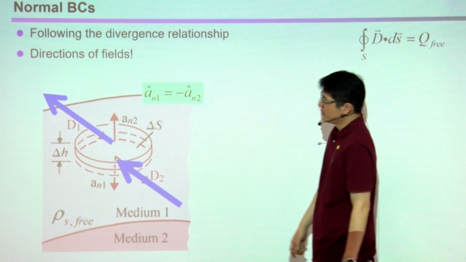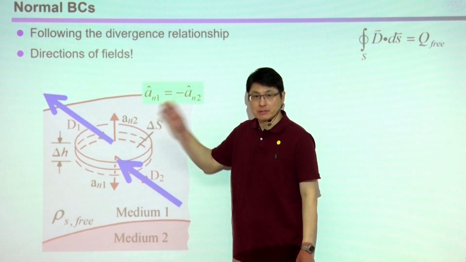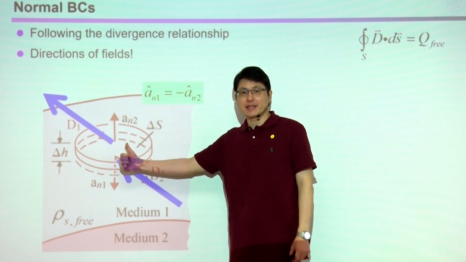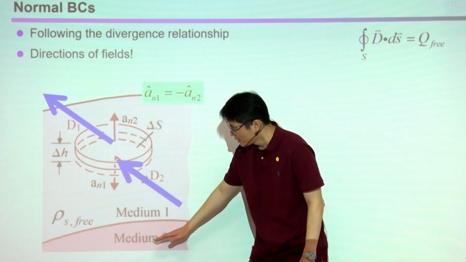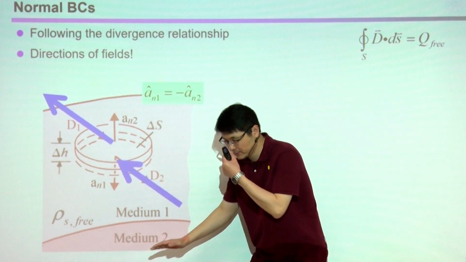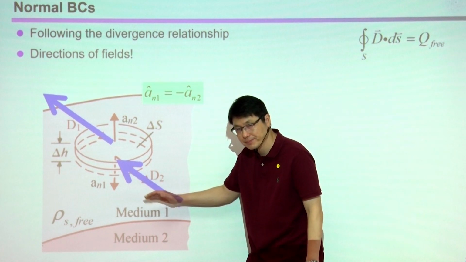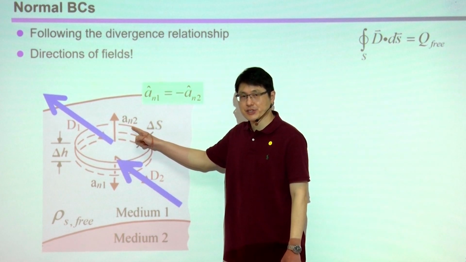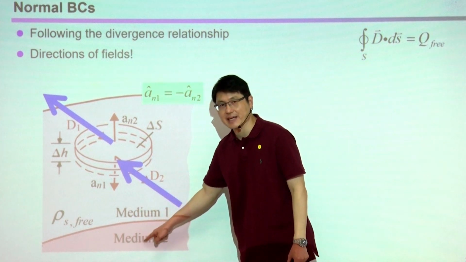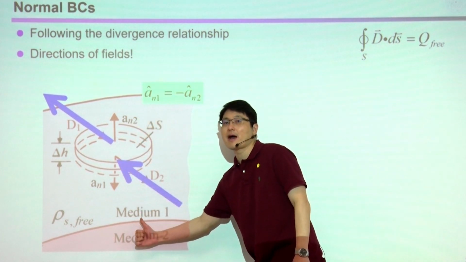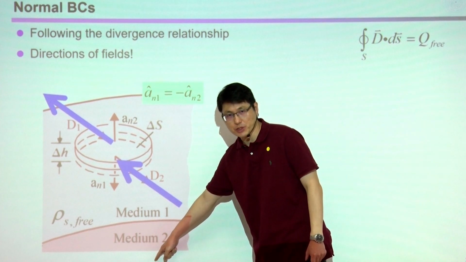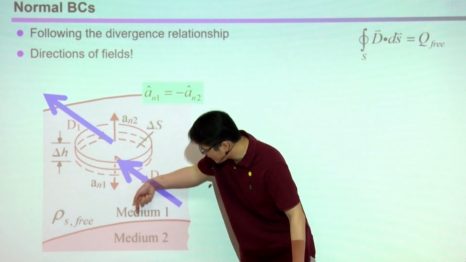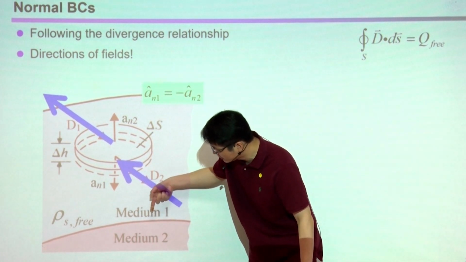Now remember, the surface normal, when you evaluate the flux, is always pointing outwards, which means I have medium 2 at the bottom, I have medium 1 on the top, but the top is having the surface normal of AN2, the second medium, because this one is pointing out from medium number 2. The bottom surface is having the surface normal pointing out, right, from the medium 1 to medium 2.